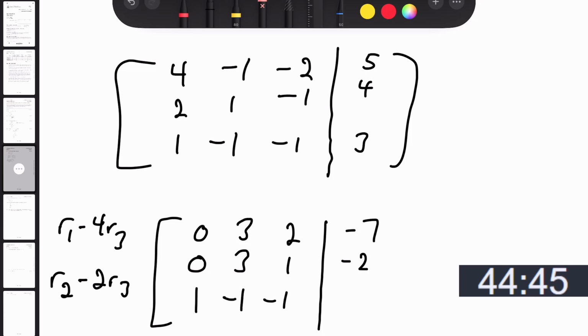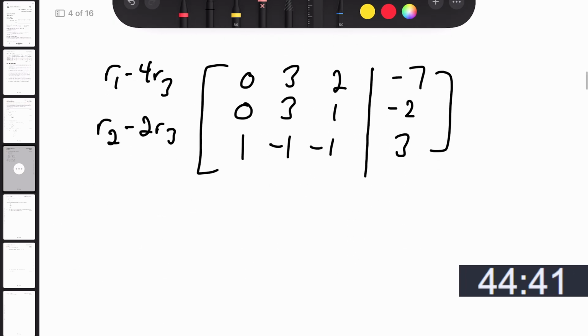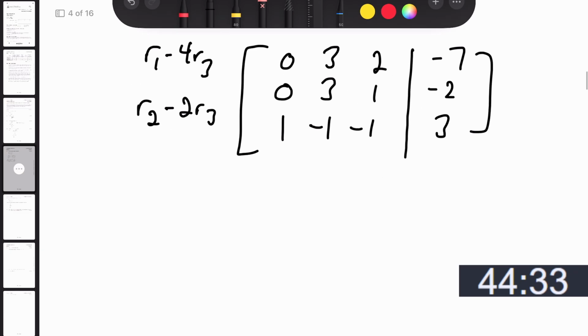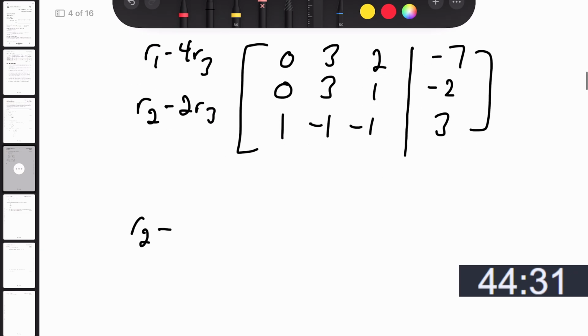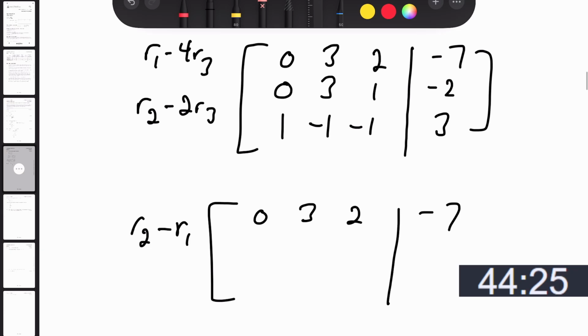Negative 1, negative 1, and then that stays as 3. So now let's do row 2 minus row 1. So I'm going to have 0, 3, 2, 7, 0, 0, negative 1.